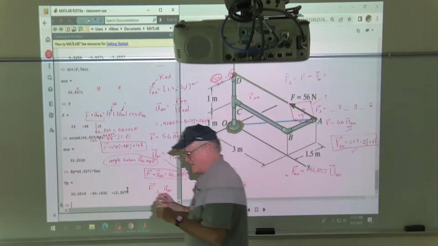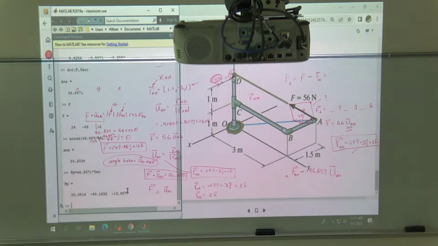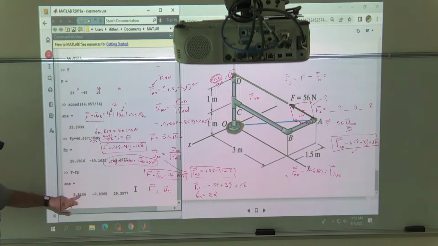Okay, now this may be a lot, and I wouldn't do this except that we have a lecture here that we can record. F minus FAO, no wait, did I call it FAO? No, I called it FP, perpendicular. Now that I have that one, what do you think the magnitude of that one is?